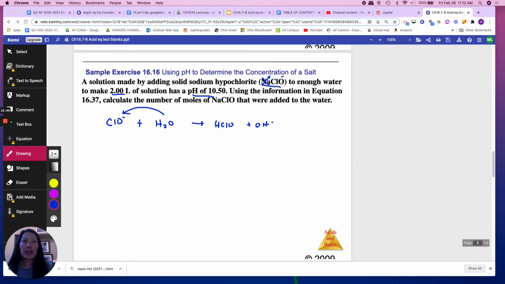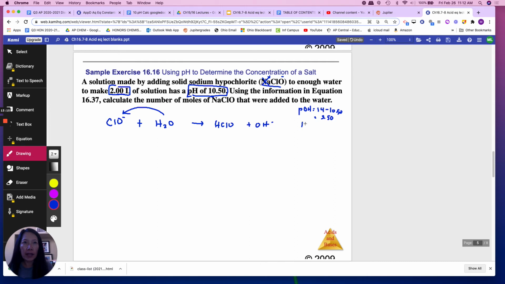Okay, so once you write the equation, it says a solution was made by adding solid sodium hypochlorite, so they added this to enough water to make 2 liters. And you have a pH of 10.50. So that means pOH would be 14 minus 10.50, which is 3.50.